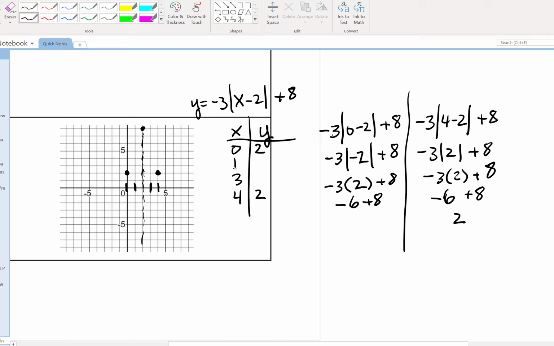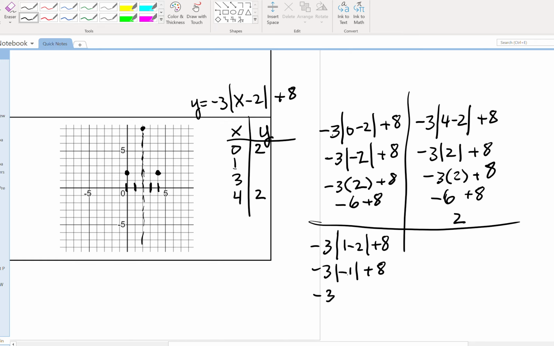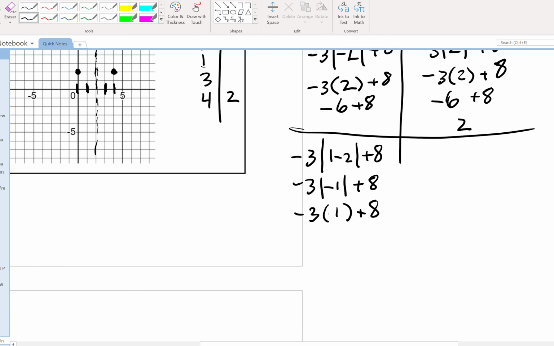And so now I can look at 1. What happens at 1? I'm going to do this again here. -3, absolute value, 1 minus 2, and then plus 8. That's -3 times absolute value of 1 minus 2, which is -1, plus 8. And then the absolute value of -1 is +1, so I'm going to change those to parentheses, and then plus 8. -3 times 1 is -3 plus 8, and that would be 5.